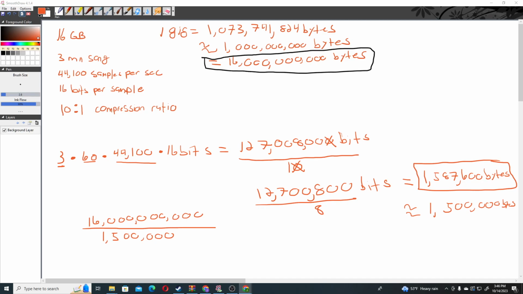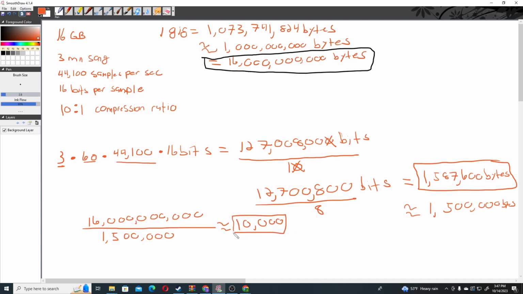That's 4 zeros, 5 zeros. Okay, this is roughly 10,666 songs. So we'll say 10,600 songs, about 10,000 songs.